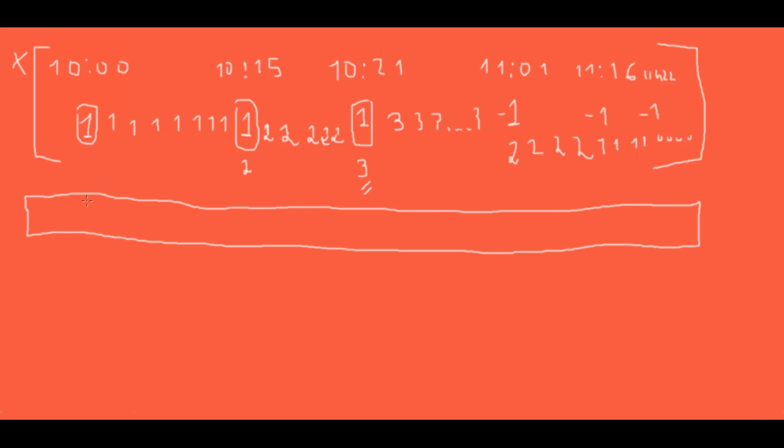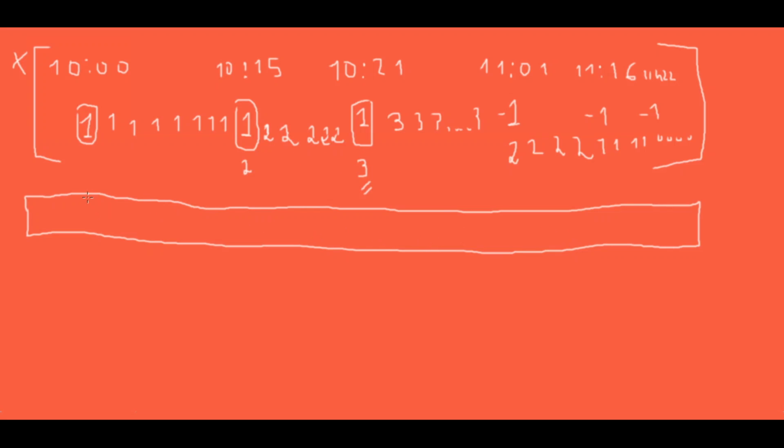Every time I process a user, I create this array, and I will populate it with the entry times, and then I will accumulate.